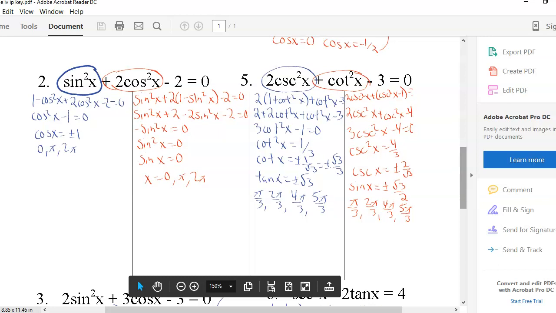For number 2, there were 2 different ways you could have approached it, but you should have got the same 3 answers. Same thing for 5. There were 2 different ways you could have approached it, but you should have got the same 4 answers.